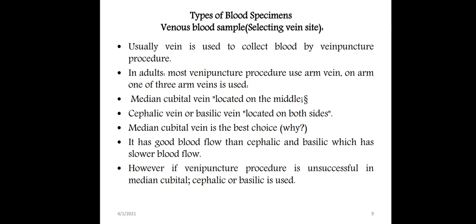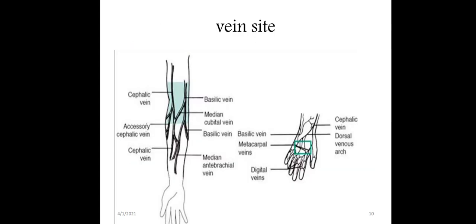It is the best choice because it is easily accessible and it has better blood flow than cephalic and basilic, which have slower blood flow. However, if venipuncture in the median cubital vein is unsuccessful, we can use cephalic or basilic vein. Here we can see the site for venous blood collection.